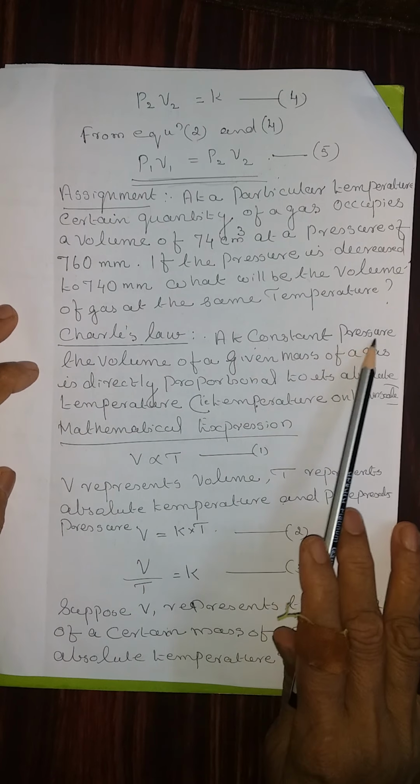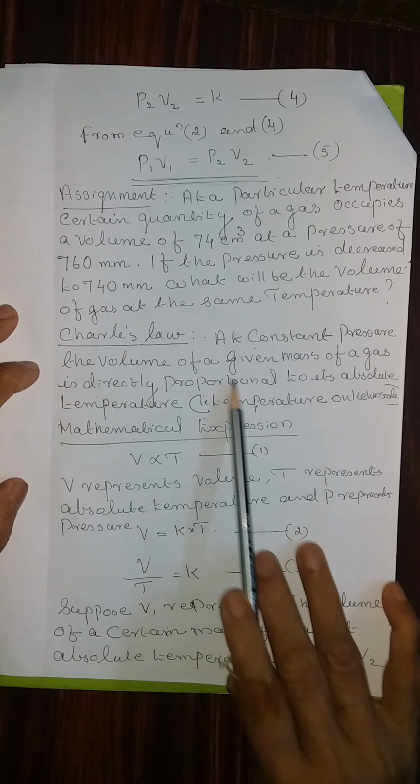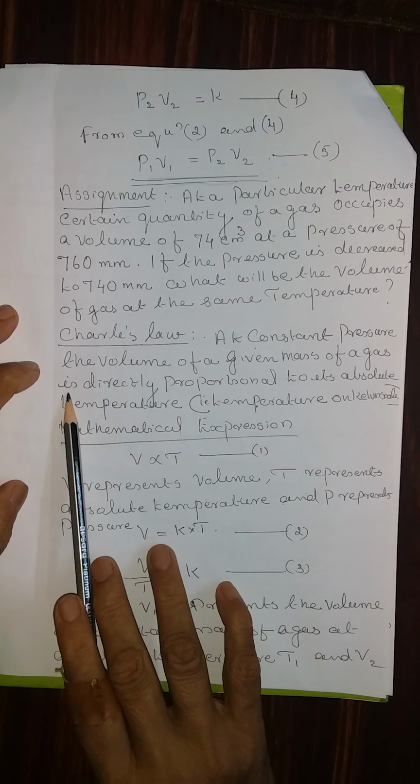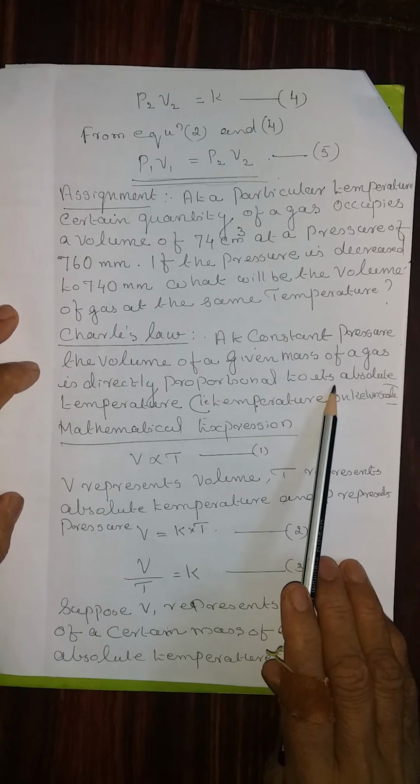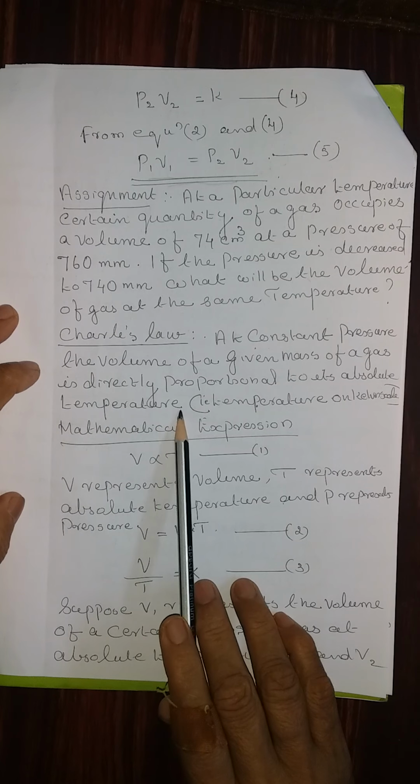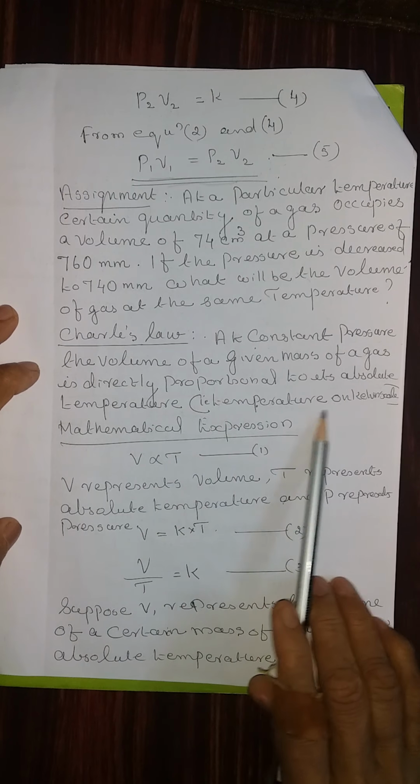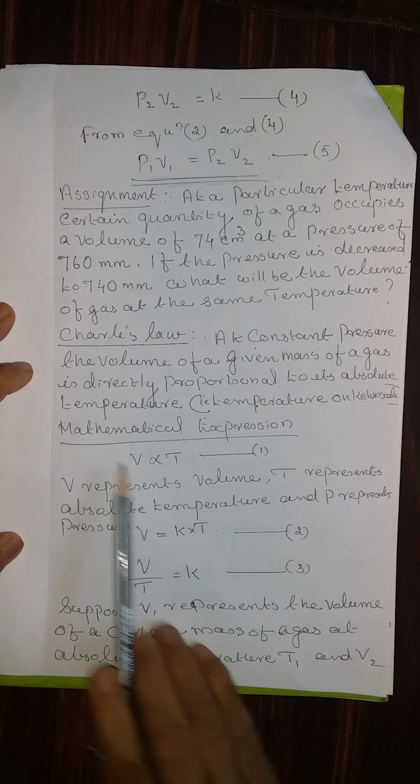At constant pressure, the volume of a given mass of a gas is directly proportional to its absolute temperature, that is, the temperature on Kelvin scale.